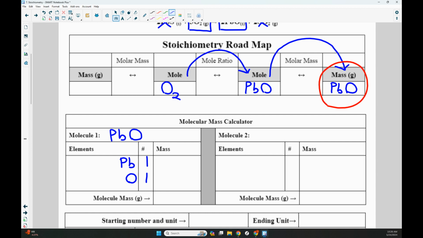The mass of lead is 207.2, and the mass of oxygen is 15.999. And when you add those together and round appropriately, and we're not too worried about rounding at this point in the year, you get 223.2 grams. So that's the only molecular mass we need to add up. Later on in the unit, you'll see why we have this other space over here. We'll need to use that, but for the problems you're learning about today, we don't need to use that space.